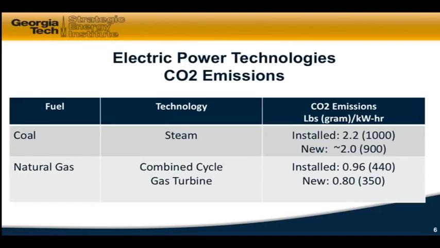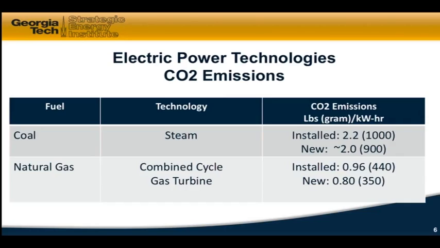An important characteristic of any power plant this day and time are the carbon emissions or CO2 emissions, and that's only a significant factor where we have fossil fuel plants. So I look at just coal and natural gas, and the steam cycle puts out, and on the right-hand side I've got CO2 emissions in units of pounds per kilowatt hour, and in parentheses, grams per kilowatt hour.